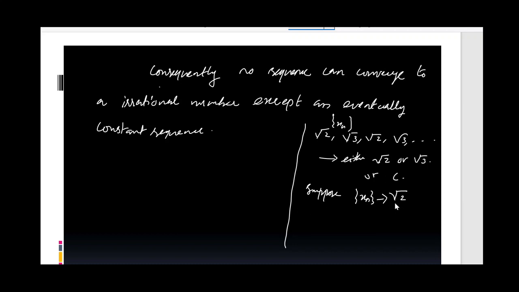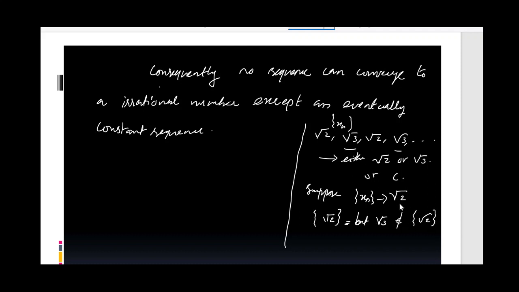Then I have the singleton set {root 2}, which belongs to my topology, and infinitely many terms lie outside this open set. Root 3, which occurs infinitely many times, does not belong to the singleton set {root 2}.